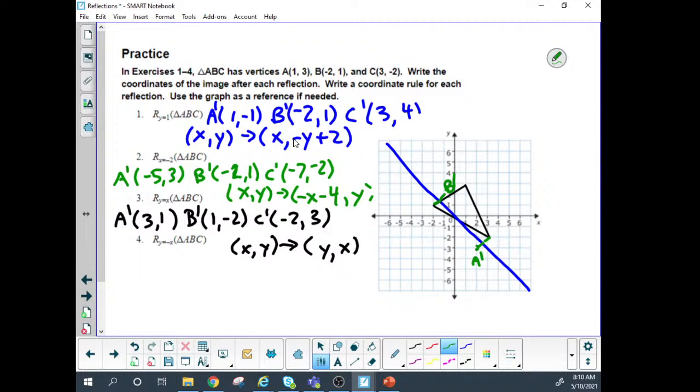Oh, that's not A, that's C, isn't it? Yep, sorry about that. And that's A, here we go. A is 2 units away diagonally, 2 units away diagonally to get A prime. There we go. All right, so A prime, you get it at -3, -1.